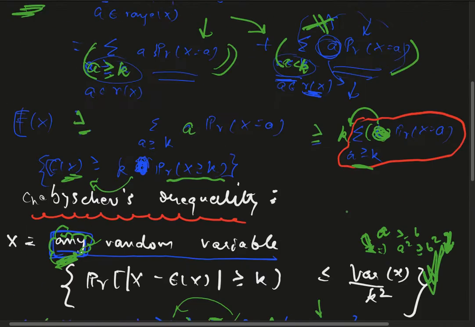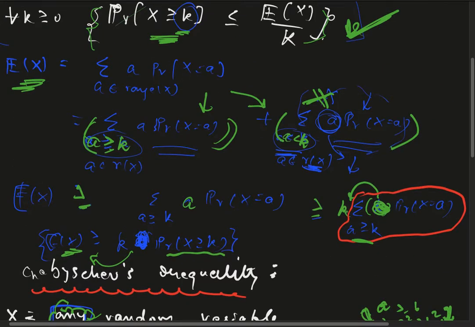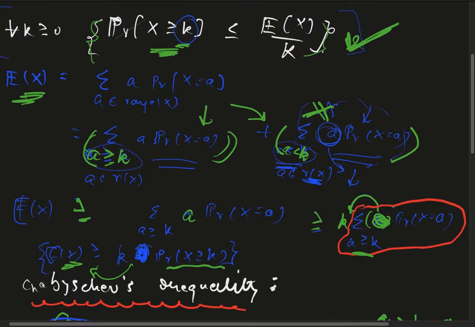Now what this means in practice is that Markov's inequality basically gives us a bound on the probability that a non-negative random variable exceeds a certain quantity by a large amount.